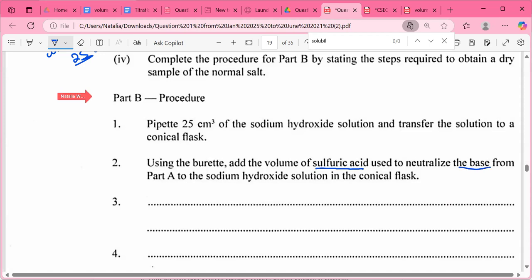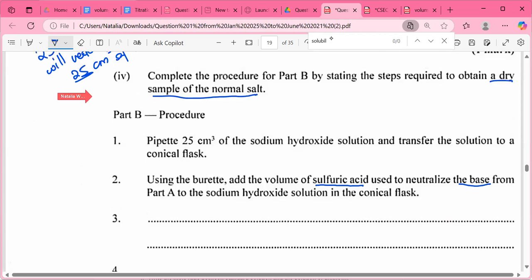So I want to obtain a dry sample of the salt. When sodium hydroxide reacts with sulfuric acid, I'm going to get water and salt. So what I have now is water and salt in the mixture. I don't want the water. So in order to get rid of the water, what am I going to do?